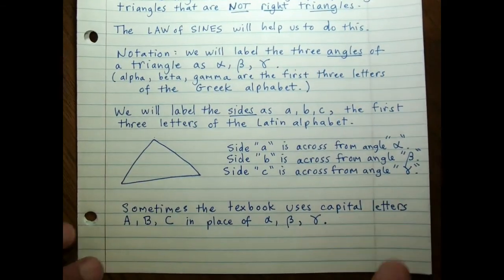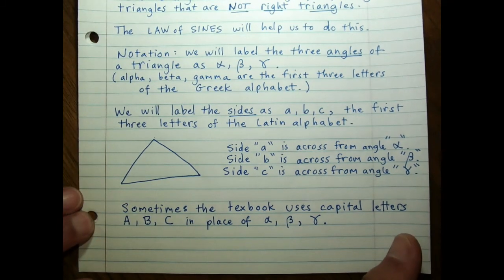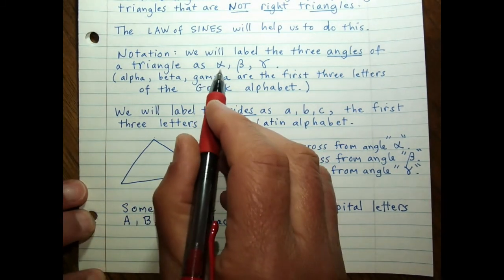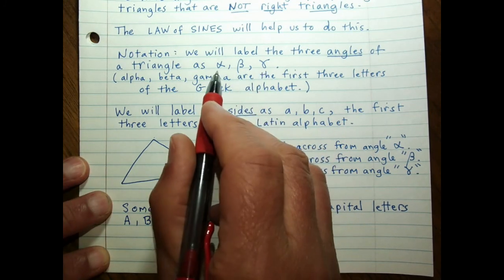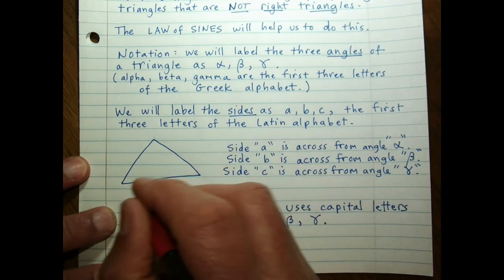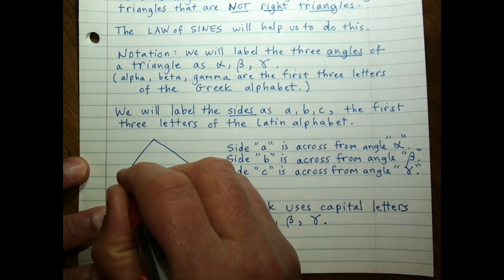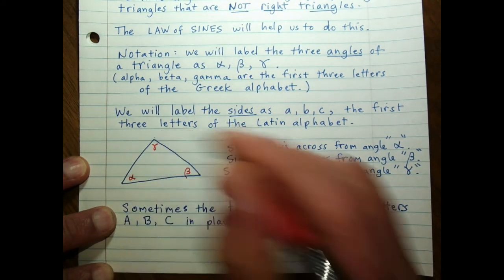So some notation now. We're going to label the three angles of a triangle with these letters: alpha, beta, gamma. These are the first three letters of the Greek alphabet. So I could label this triangle alpha, beta, gamma.